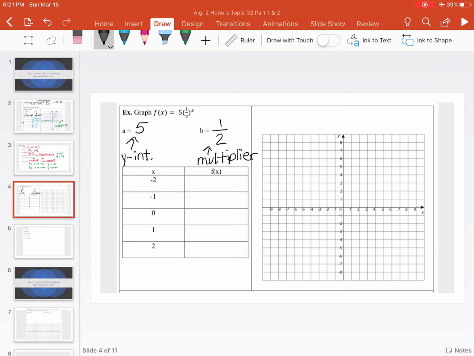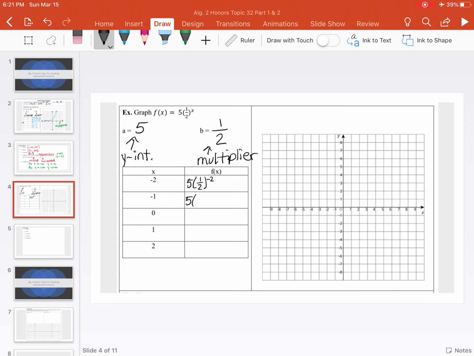So same thing as before, we're going to plug this in to our function to get our values. So we will get 5 times 1/2 to the negative 2.